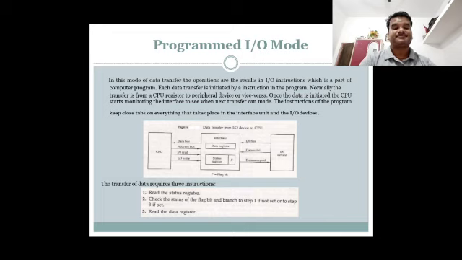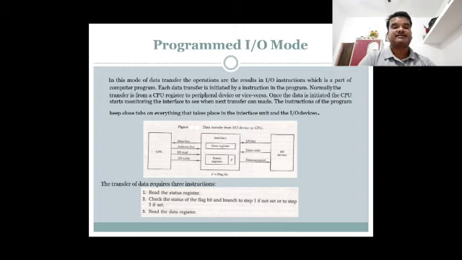Please see the diagram. Data transfer from the input output device to the CPU requires three instructions. First, read the status register.